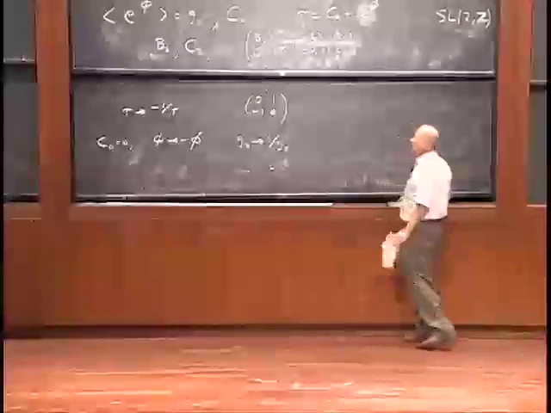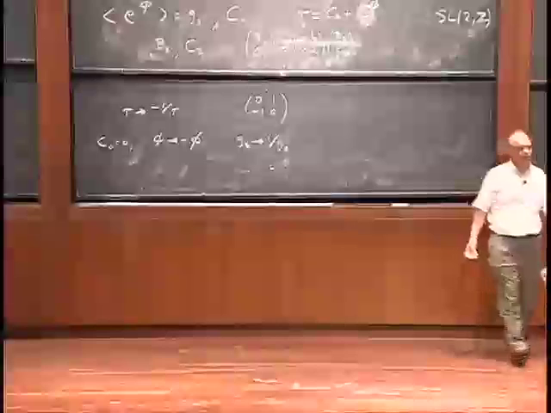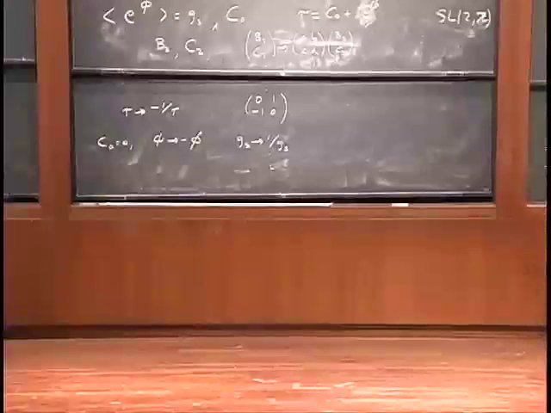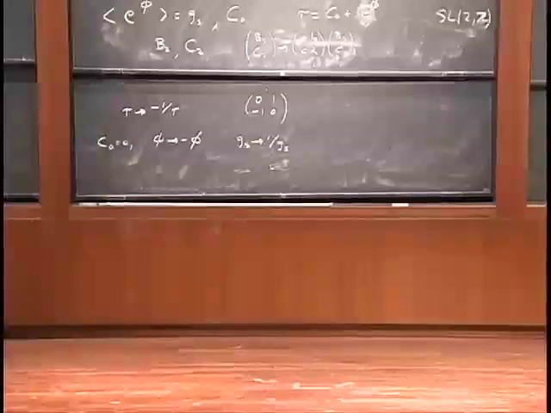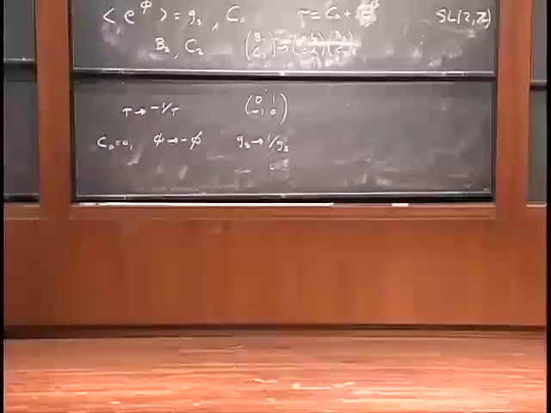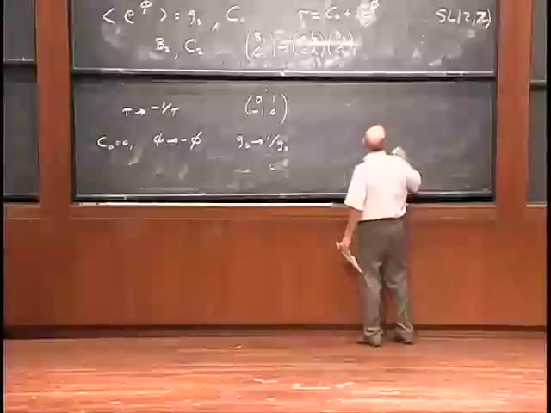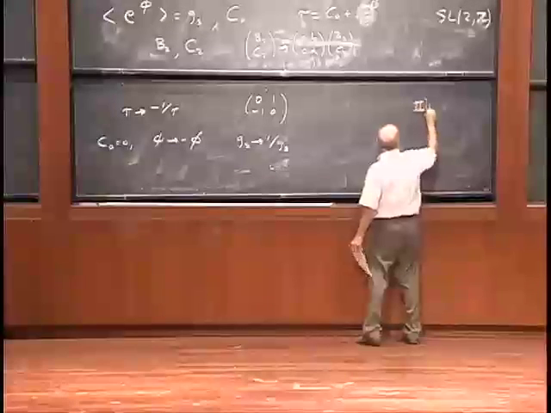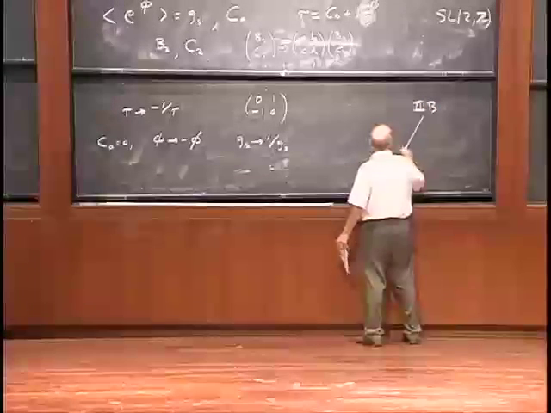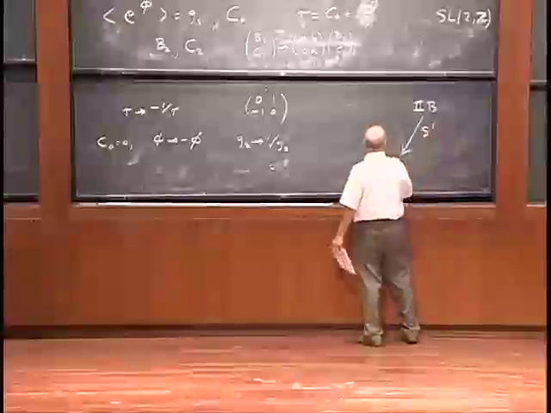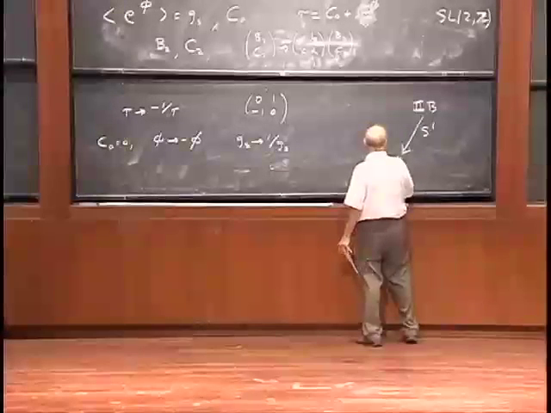Okay, so in my remaining 1 minute, let me tell you how to understand this symmetry from the point of view of M theory. So what we will do is we'll take the type 2B theory, which is a 10-dimensional theory, and we will compactify it on a circle to get some 9-dimensional theory.